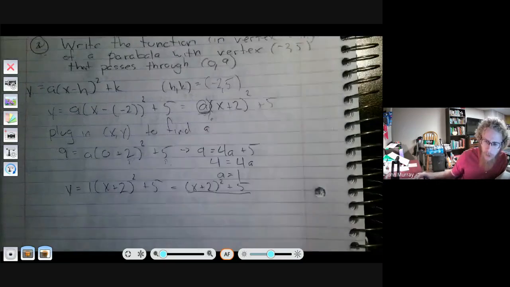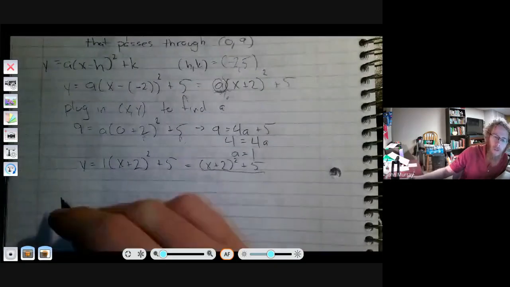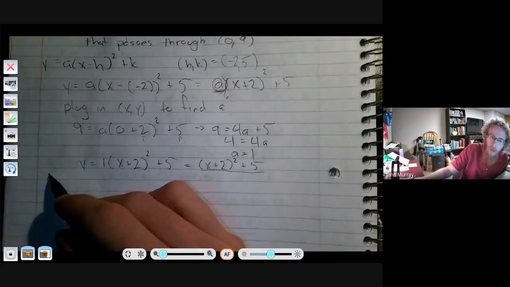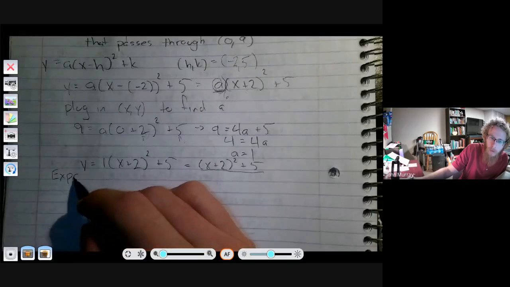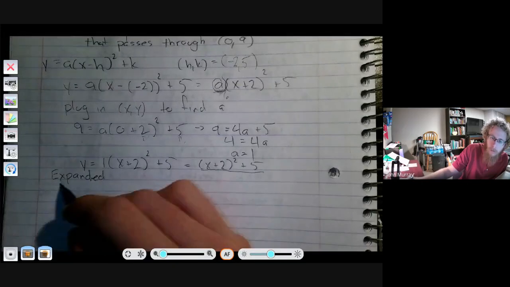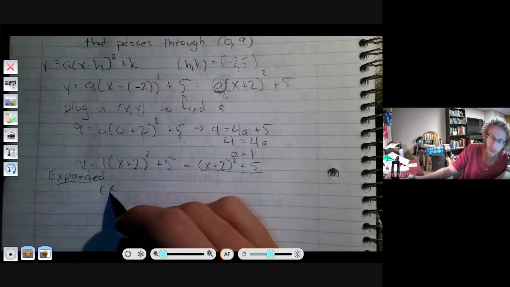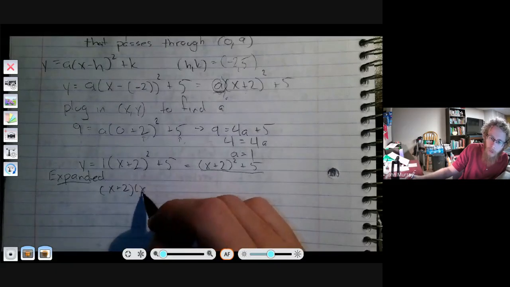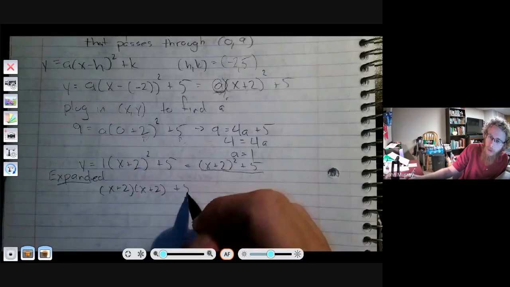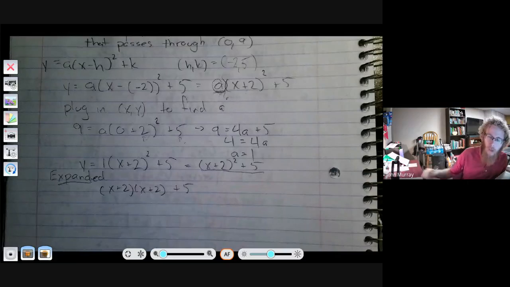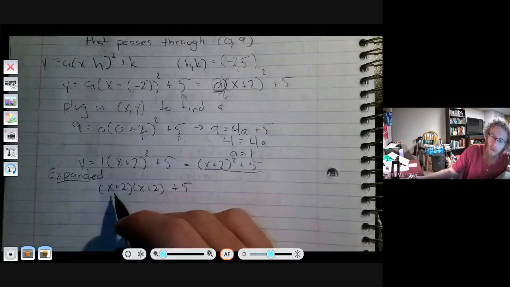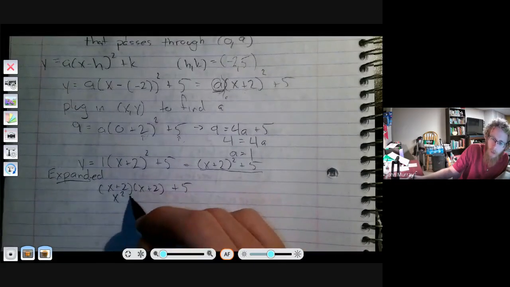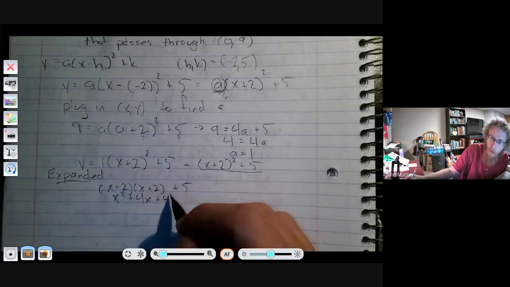So we got a little time, so just with this last one, I'm going to take it a step further and do expanded form. So all we're going to do is we're going to FOIL that x plus 2 and then add 5 to it. So x plus 2 times x plus 2 will give me x squared plus 4x plus 4.